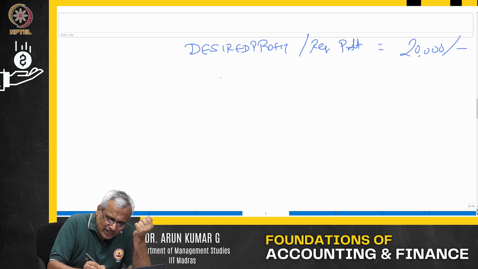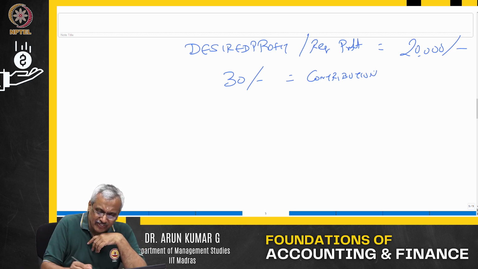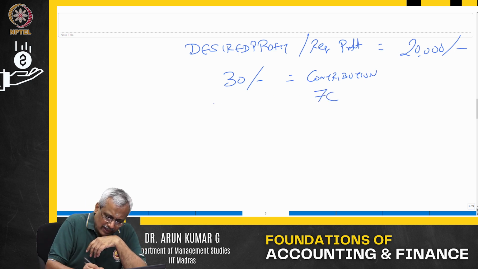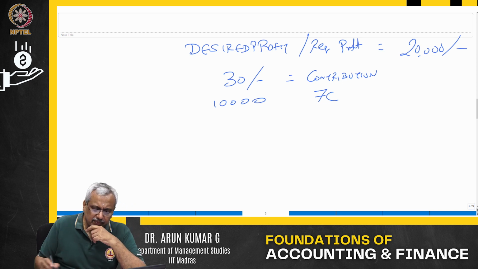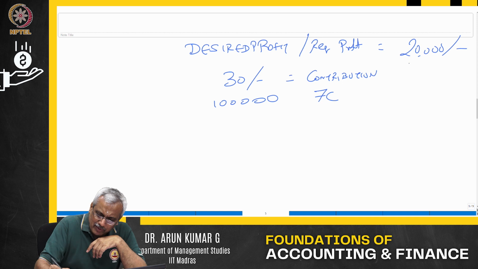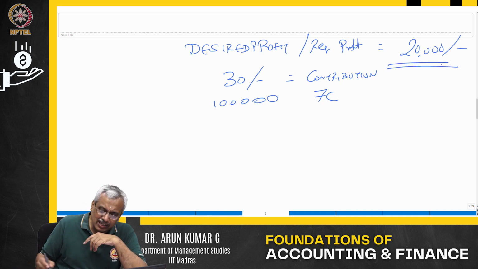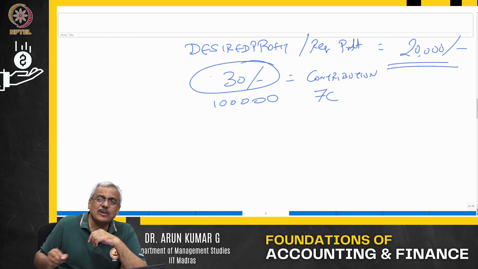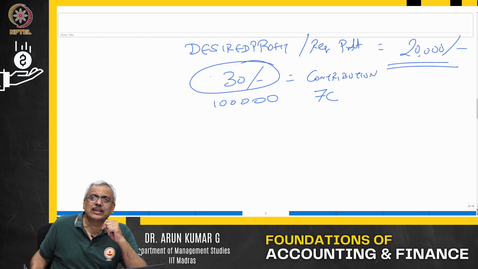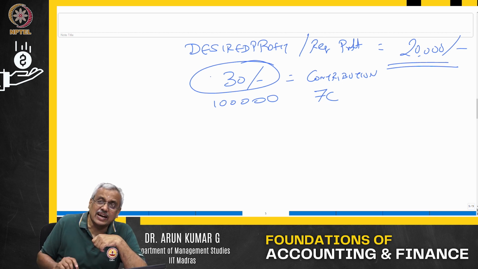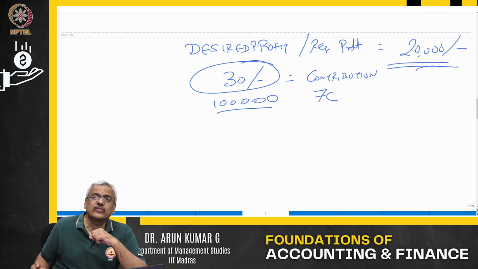I know every unit is giving me 30 rupees contribution. My fixed cost is 1 lakh, and I need to earn a profit of 20,000. So how many pieces of 30 rupees do I have to get, so that I can cover the fixed cost of 1 lakh and earn a profit of 20,000?